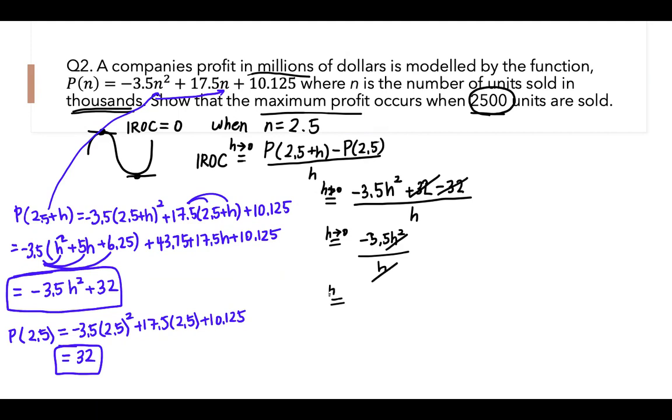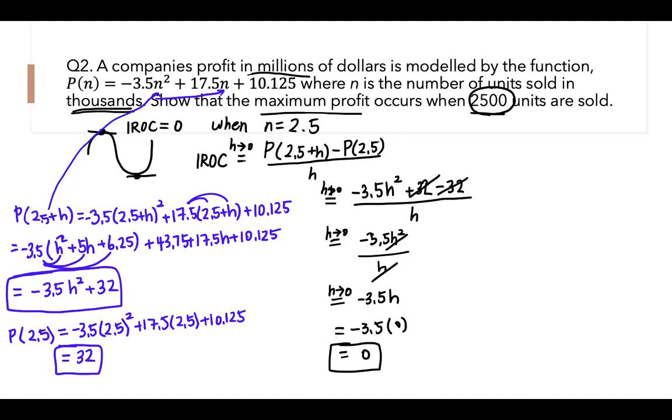So therefore, as h approaches 0, it is going to be negative 3.5h. Okay, so now we can finally plug in h as 0. So I no longer write h approaching 0, so negative 3.5 times 0. And what does it give me? It's 0. Okay, so we just proved it.